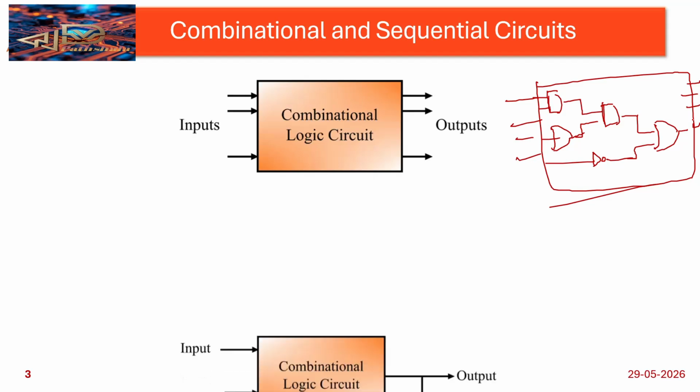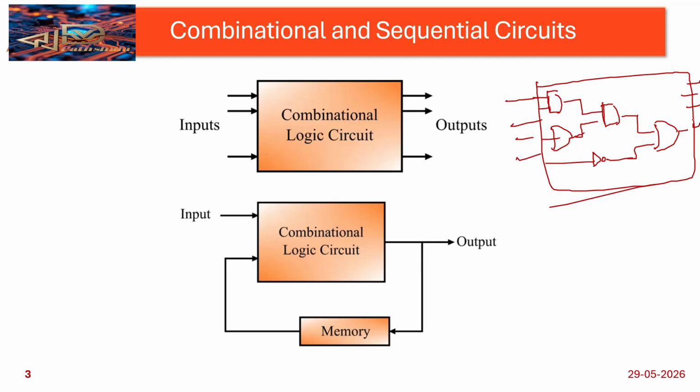How can we convert this into a sequential circuit? The past output we give back as an input to the combinational circuit. Then we are getting memory elements, and we design memory elements like flip flops or latches. See, this is my combinational circuit, with some AND gate and OR gate.